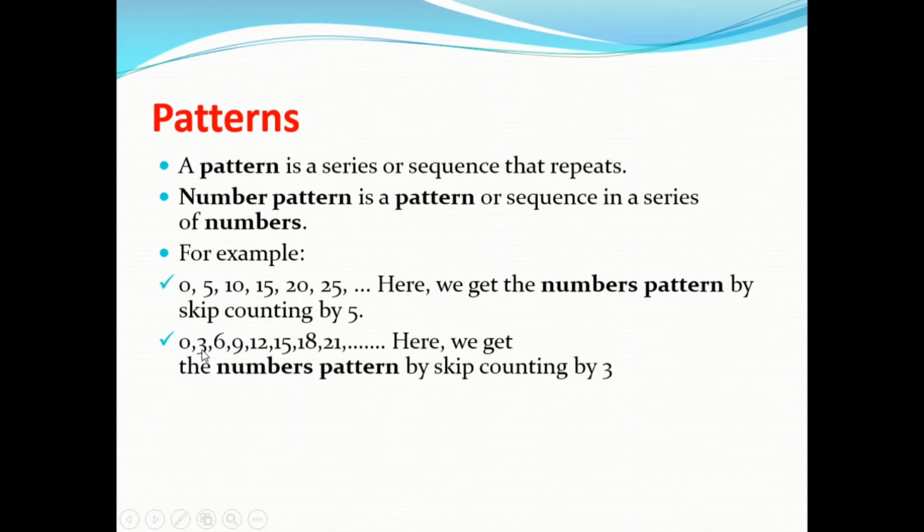Then when we add 3 with 3, we get the next number, that is 6. 6 plus 3 gives 9. Then 9 plus 3 gives 12. Then 12 plus 3 gives 15. 15 plus 3 gives 18. 18 plus 3 gives 21. So here the rule is we need to add 3 to get the next number.